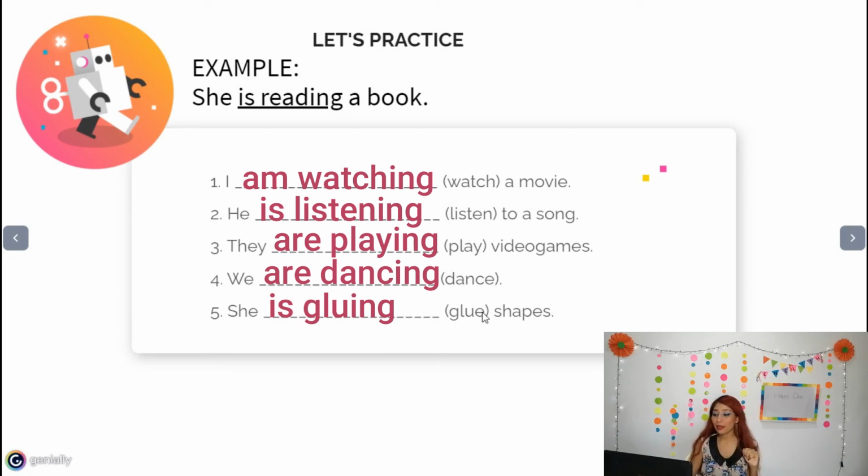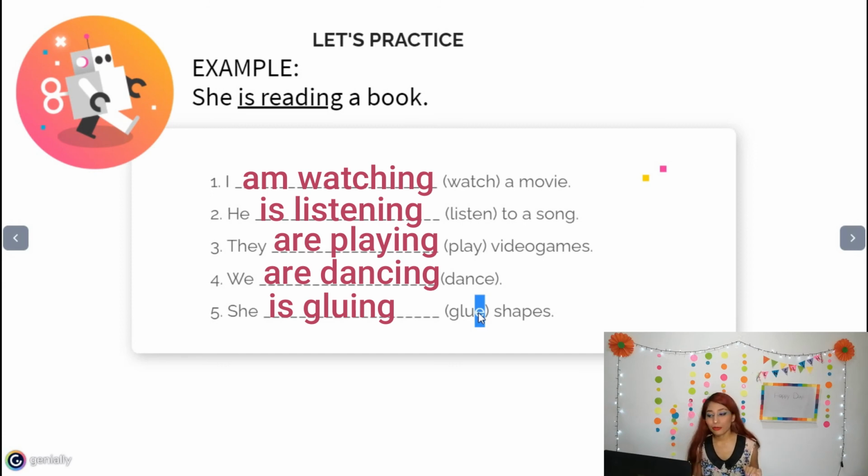Remember that it's the same rule. It ends with this letter. You need to drop it and change it into ing. Also, she is going to be used with the verb to be is, not are, not am. Always, she is gluing shapes.